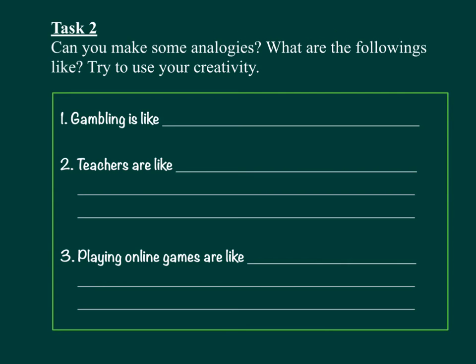Task 2. Can you make some analogies? What are the followings like? Try to use your creativity. 1. Gambling is like cancer that corrodes the whole body. 2.